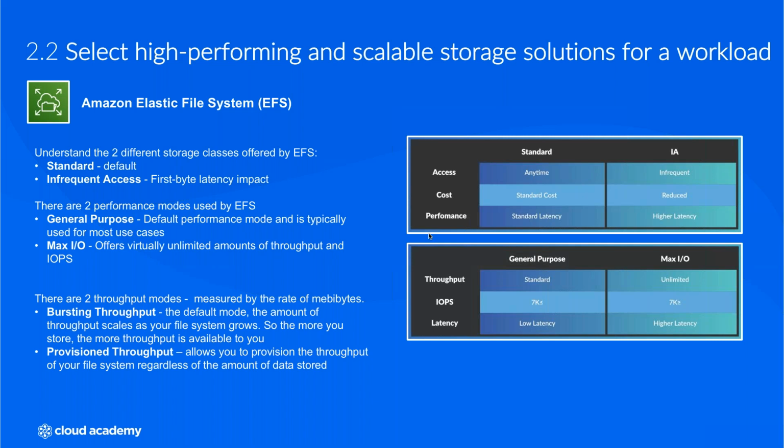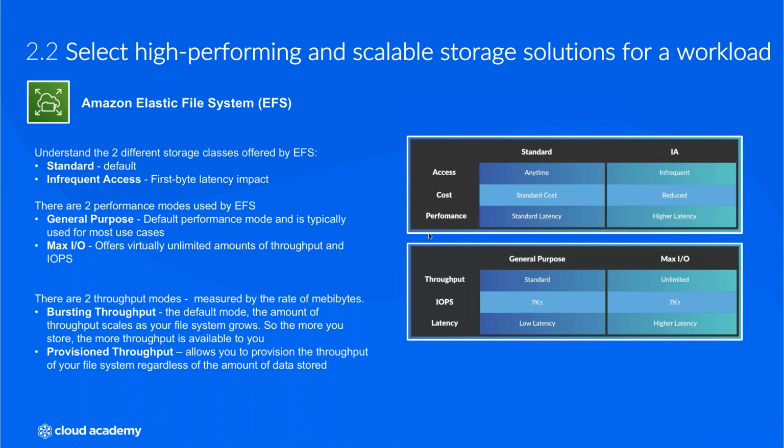EFS also offers two different performance modes as well: general purpose, which is the default, and max IO. So ensure you understand the differences between these two modes, and how performance and latency are affected between them. And to make things even more confusing with EFS and performance, there are also two throughput modes.